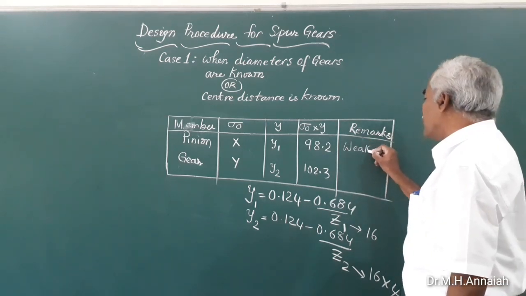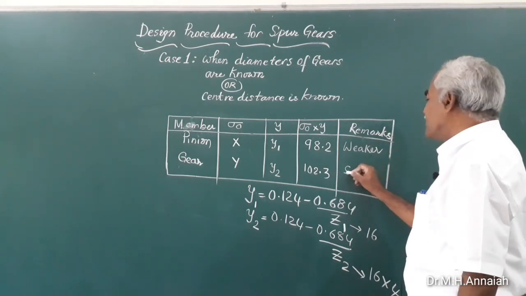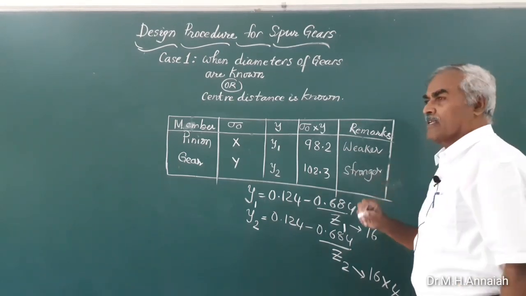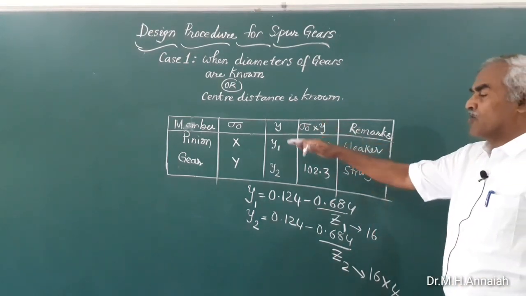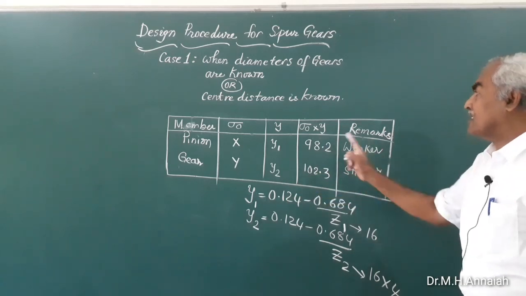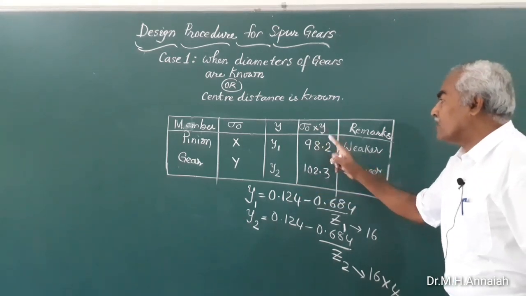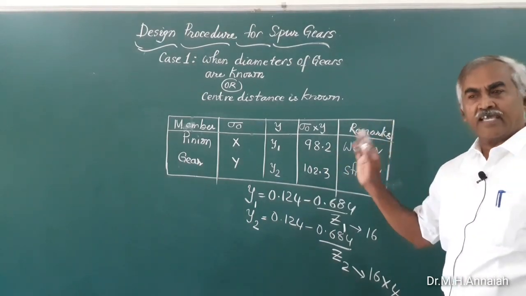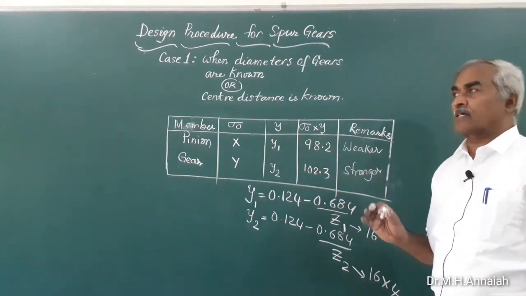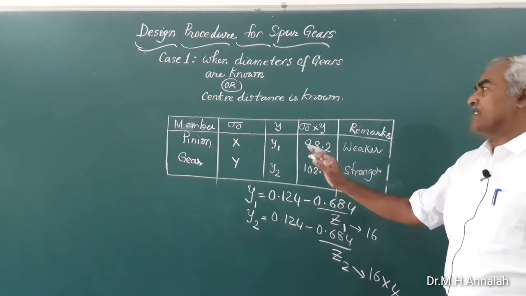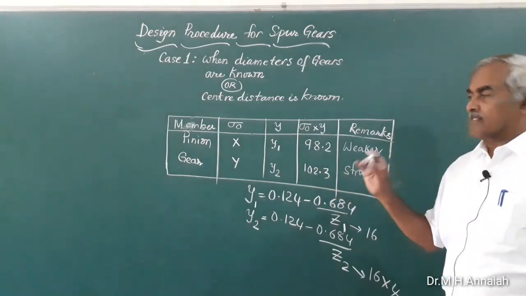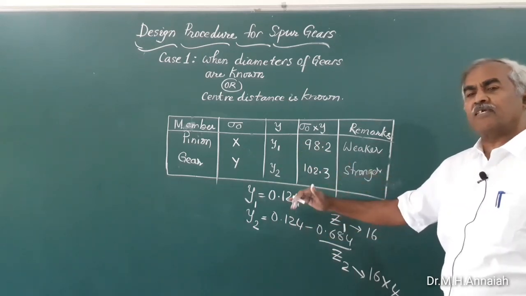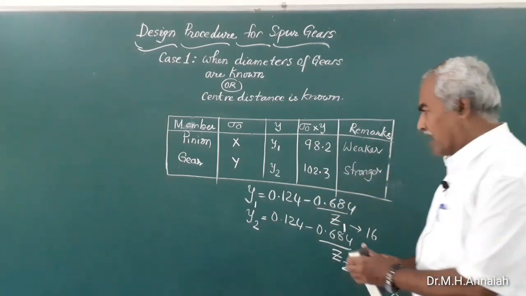You have to write just below this that since sigma naught into Y for the pinion is smaller than that of the gear, pinion is the weaker member and the design is based on the pinion. That statement we have to record, because every step in the examination carries marks.